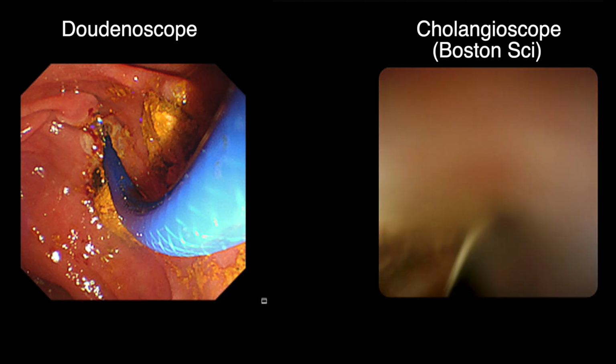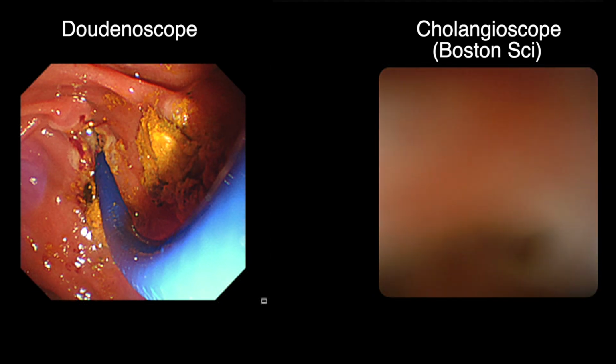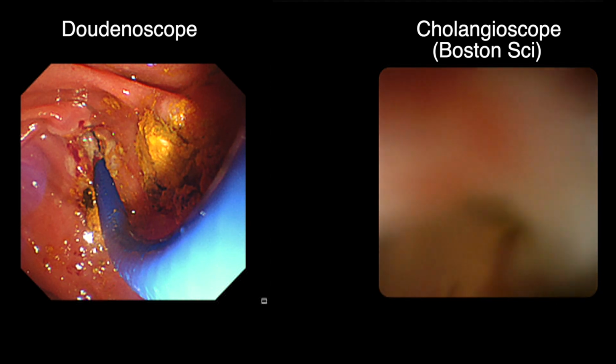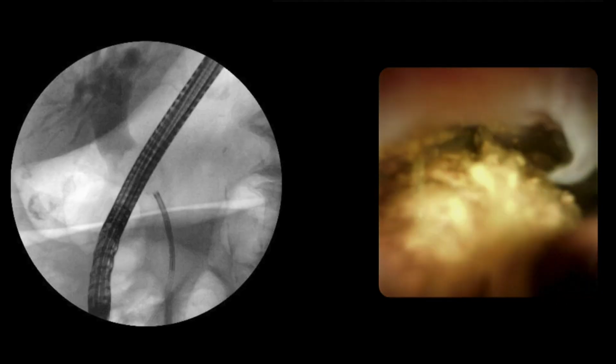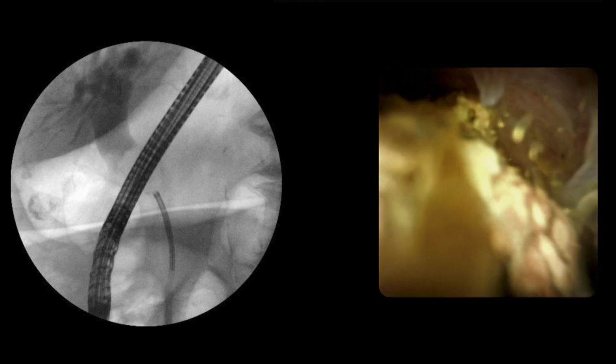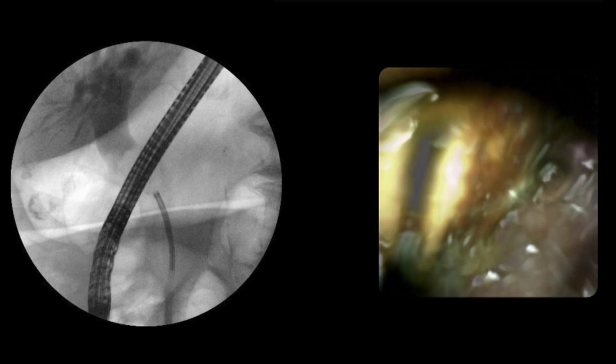Once the cholangioscope is securely in the duct, the guide wire is removed so that the cholangioscope can be steered freely. The large stone in the common bile duct can be clearly seen, occluding the duct, and it is not possible to pass the cholangioscope past the stone.